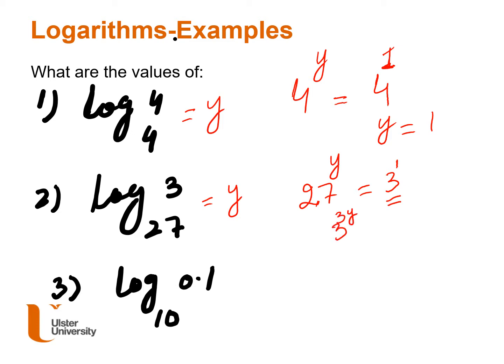So 3 to the power 3y is equal to 3 to the power 1. Now we can see we got 3 here, we got 3 here. We can write 3y is equal to 1 and y would be equal to 1 over 3. The logarithm of 3 with respect to base 27 is 1 over 3.